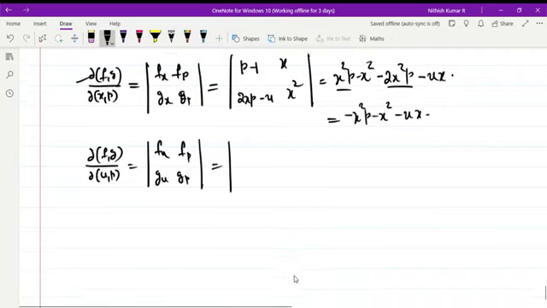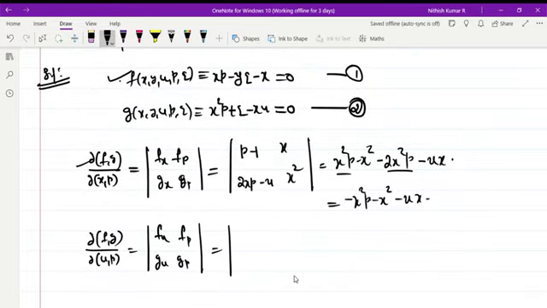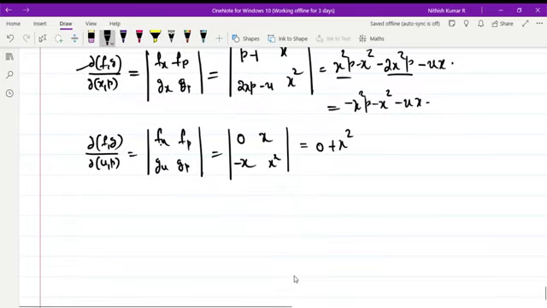With respect to p it is x. Differentiation of g with respect to x is 2xp minus u, and with respect to p it is x square. So finding the determinant, it is x square into p minus x square minus 2x square p minus u into x, that is minus x square p minus x square minus u into x.